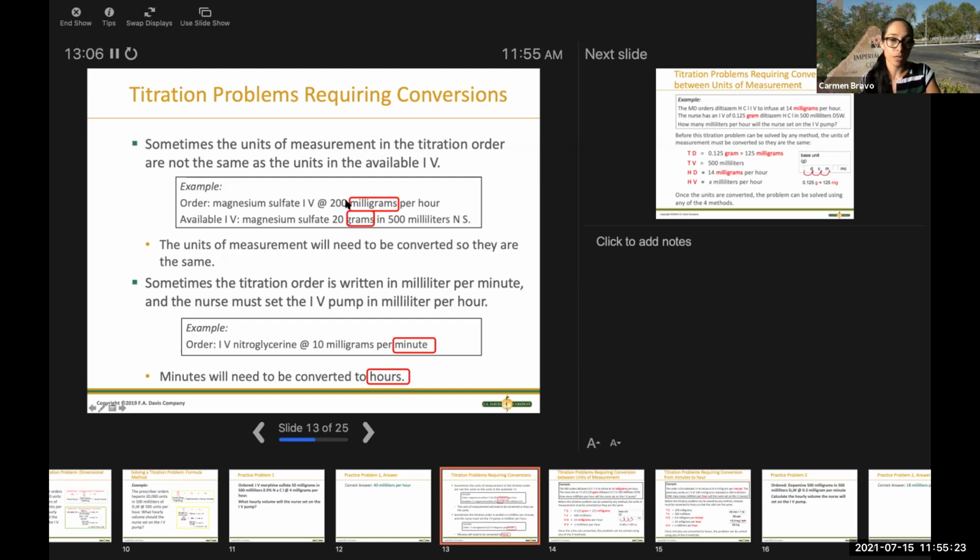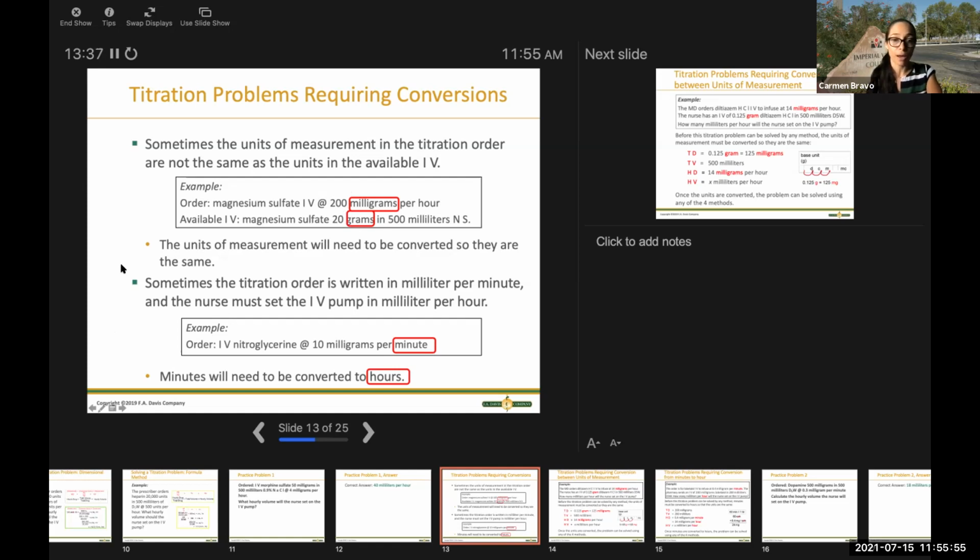So this is a high risk medication, big time. The order is 200 milligrams per hour, and this is what's available: magnesium sulfate, 20 grams. So that's 20,000 milligrams in 500 mLs of normal saline. And this is a real order, you guys. So we have to figure out how many mLs per hour I need to set up the pump to only give 200 milligrams per hour to my patient.